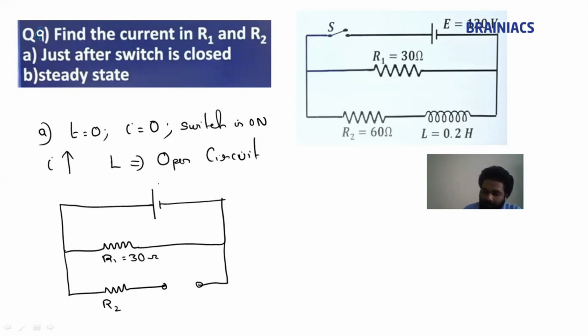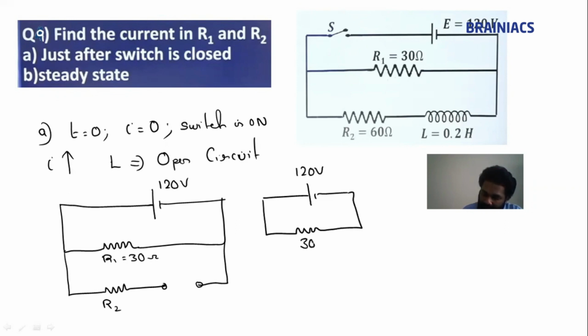So now this is the circuit. What is the current through R1? Only R1 is there in the circuit, so we get a simple circuit. Once we know this concept, the circuit becomes simple. So 120 volt and this is 30 ohm.